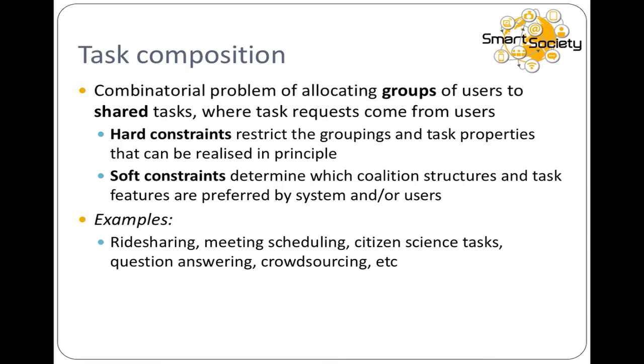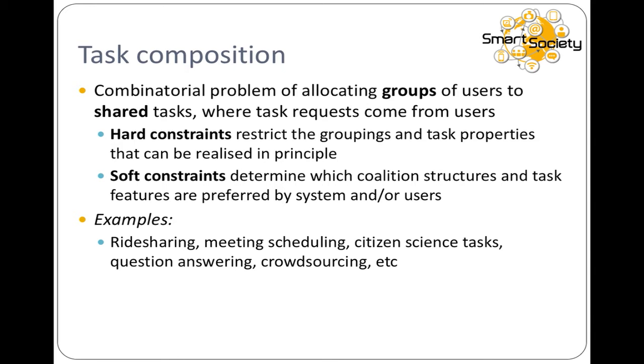The focus of algorithmic processing in the Orchestration Manager is task composition. In continuous orchestration, we have to solve the combinatorial problem of allocating groups of users to share tasks based on the task requests that these users have posted.